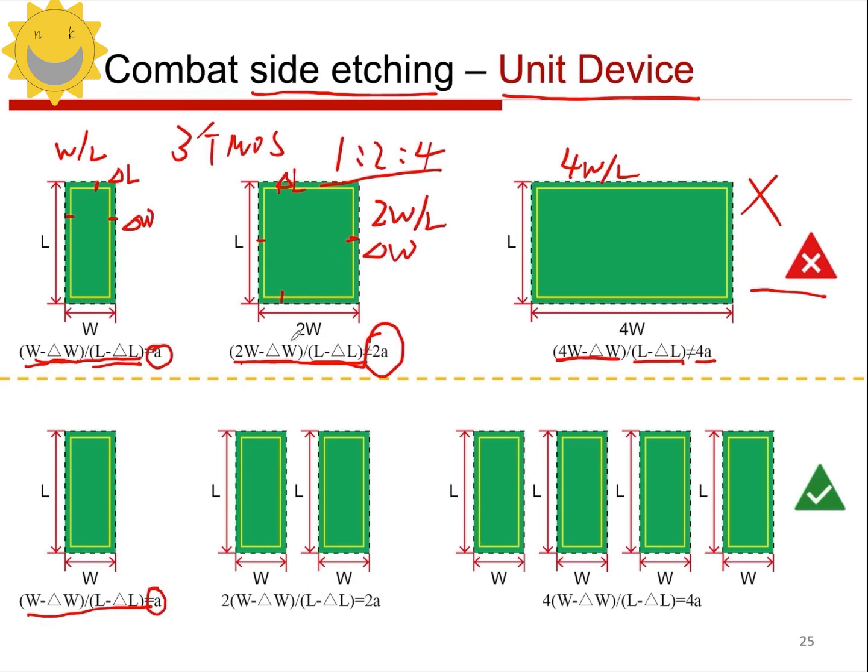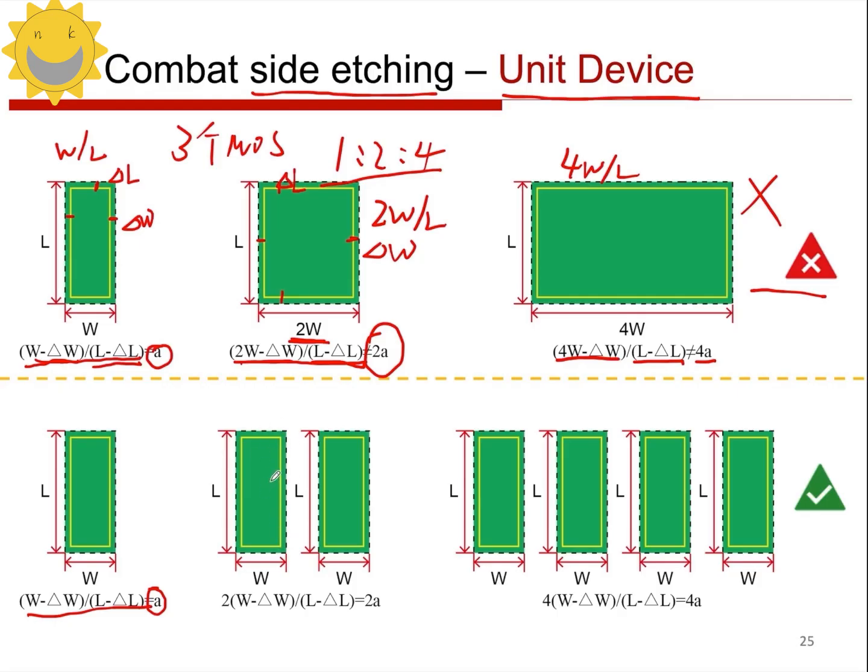Previously, we simply doubled W. We drew a very large transistor, but because of the side effect, its width to length ratio can't be guaranteed to be double, right? But now, using the unit device, it's a different story. So, how do we handle the second transistor? We place 2 gates with the same width to length ratio as the first transistor, and then we connect them in parallel. By doing this, we achieve the effect of a width to length ratio of 2W to L, right?